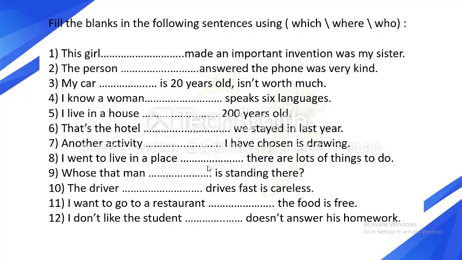Be careful when you have a person. Be careful when you have an object or thing. Be careful if you have a place. Okay? I'll send you the key answer later on. So do it on your notebook, please.